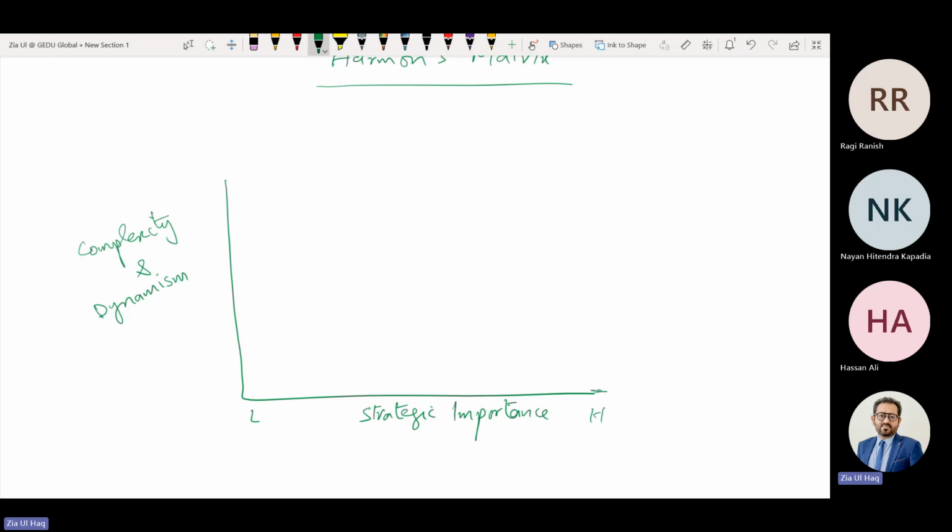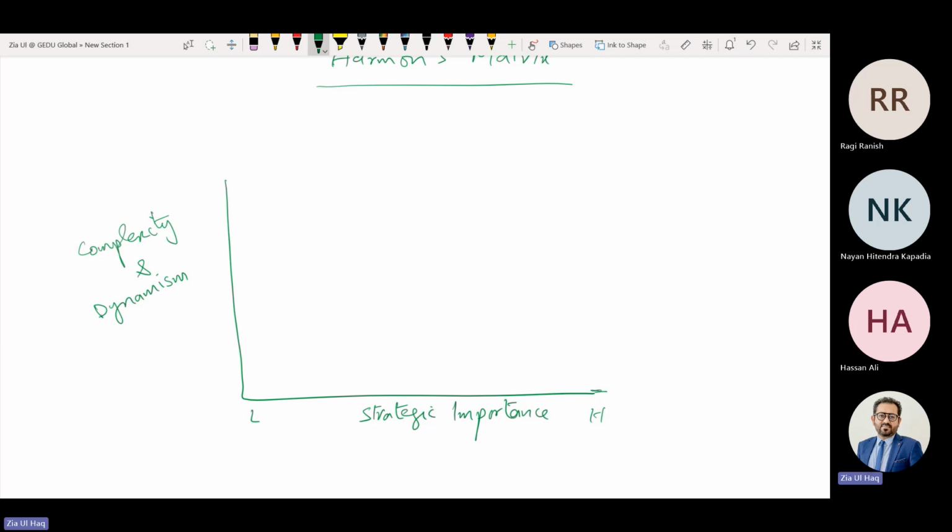What does strategic importance mean? Strategic importance high means those processes are strategically very important: your primary activities, your core activities, your main activities, in which you are expert, the main survival of your business.